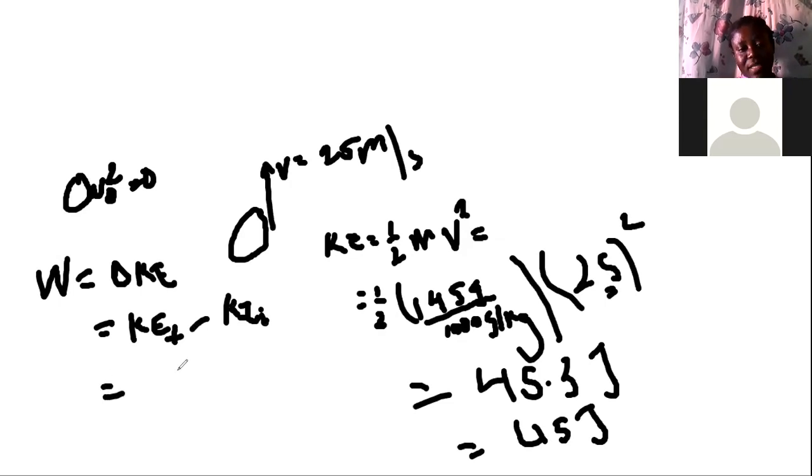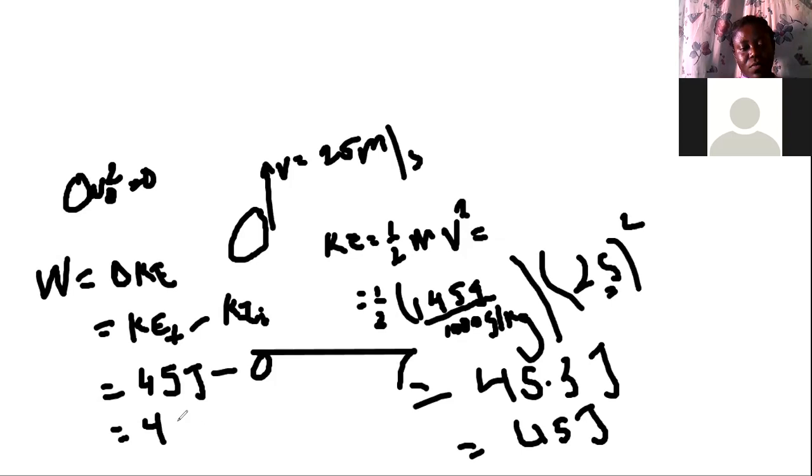So what is our work done here? Our work done is equal to 45 joules, the kinetic energy at that speed, minus the initial kinetic energy, which is 0. So it simply equals 45 joules.